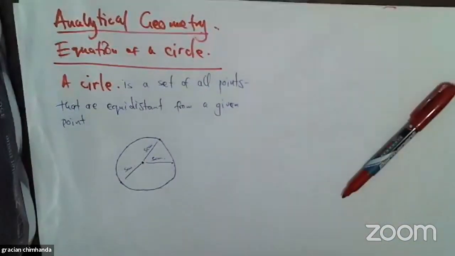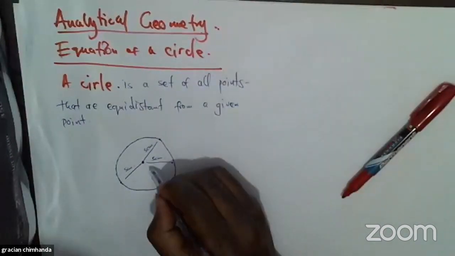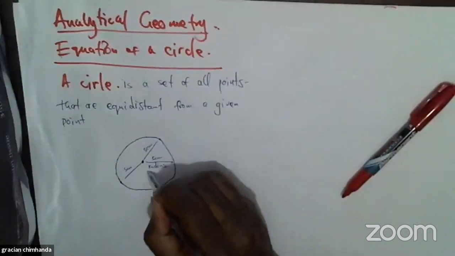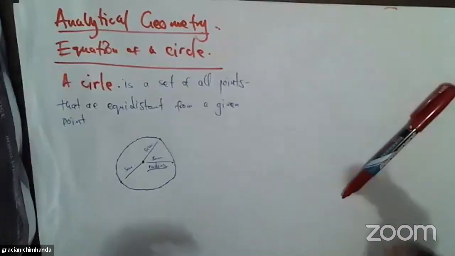But this distance now has a special name. It is known as a radius. I think we all know that. And if it goes up, two radiuses become a diameter. I mean, it's common knowledge. We've done it through our primary school.